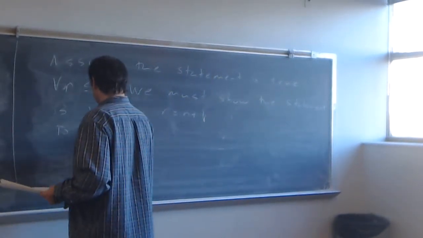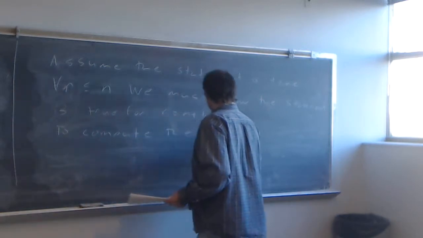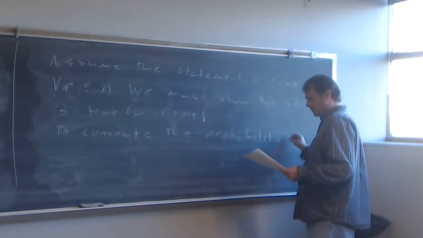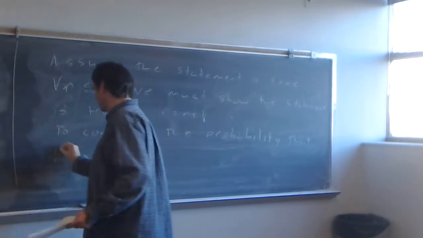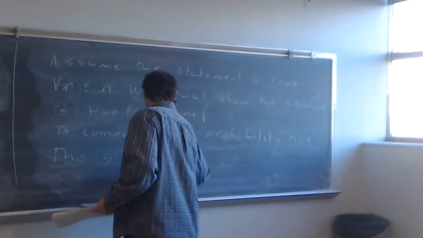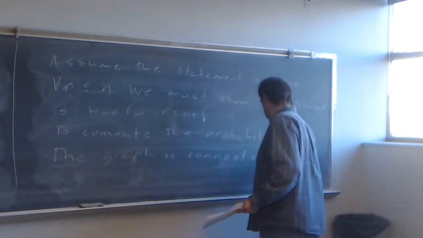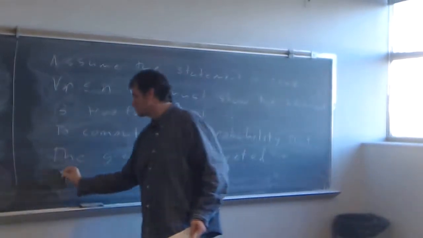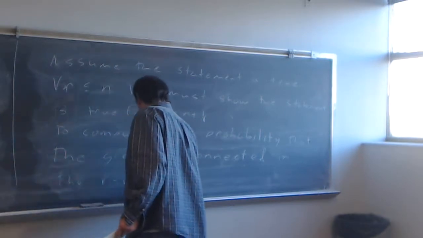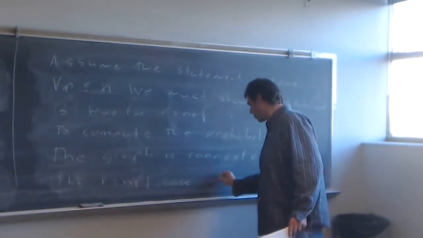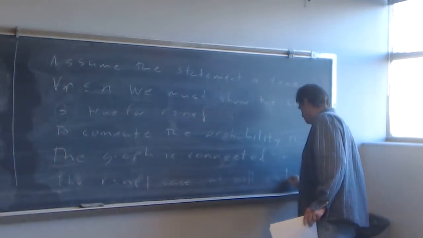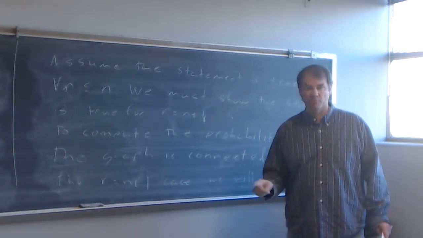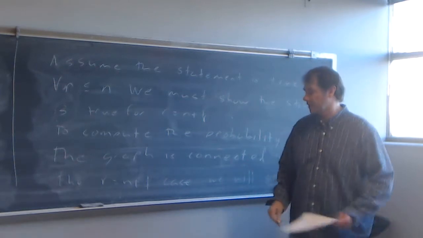To compute the probability that the graph is connected in the r equal to n plus 1 case, what we're going to do is condition. We will condition on the number of regular nodes, that n plus 1 regular nodes, that are sent to the supernode.